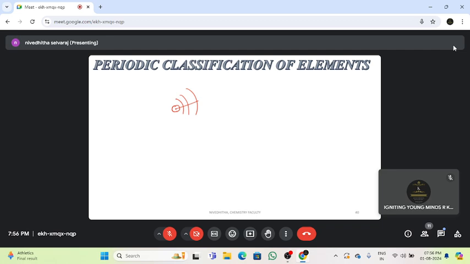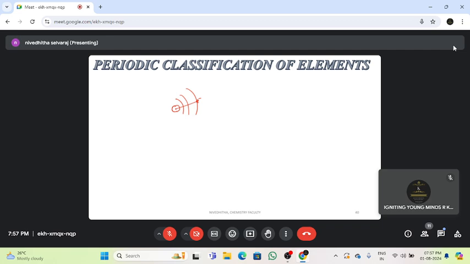If the electrons in the valence shell experience more attractive force from the nucleus, what will happen? This shell will move towards the nucleus, right? Which means, what is happening to the size of the atom?